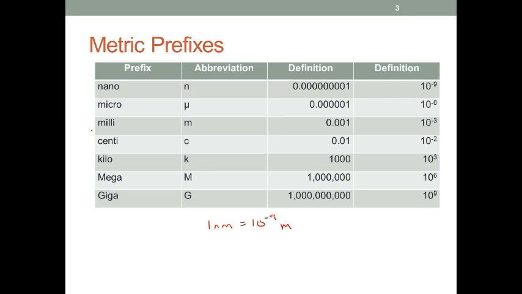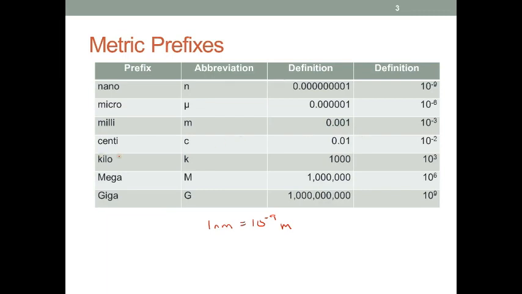Millimeter is probably one you are more familiar with. You've, I hope, looked at rulers and used them a little bit. You know, you have a centimeter and then the little lines in between the centimeter are the millimeters, right? 1 millimeter, little m here, is 0.001 meters. That means there are 1,000 millimeters in 1 meter.